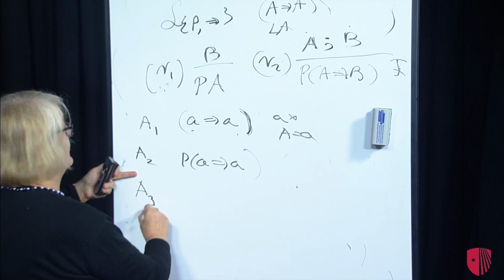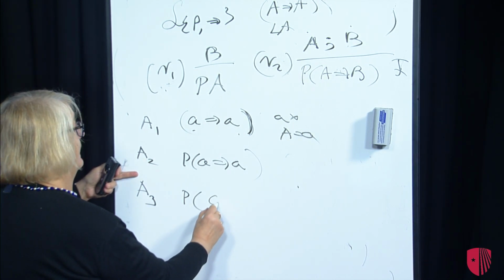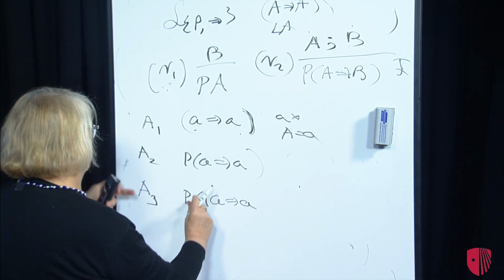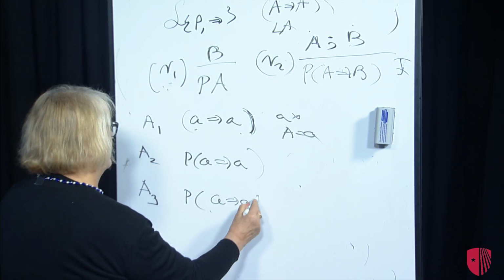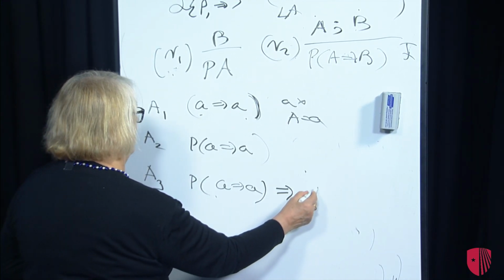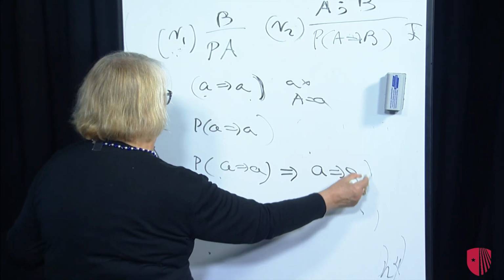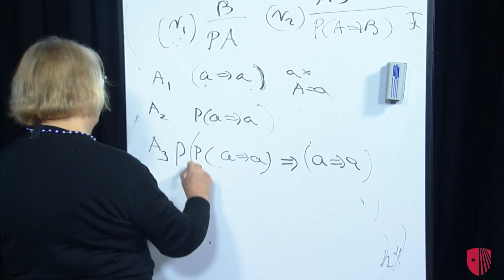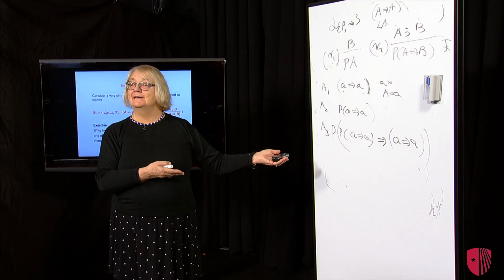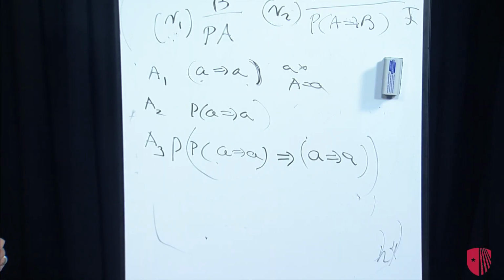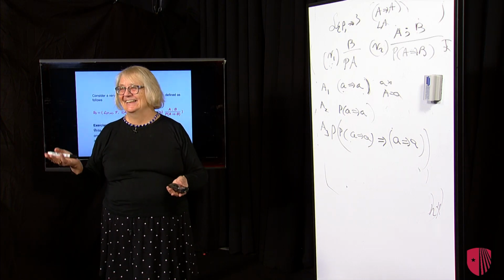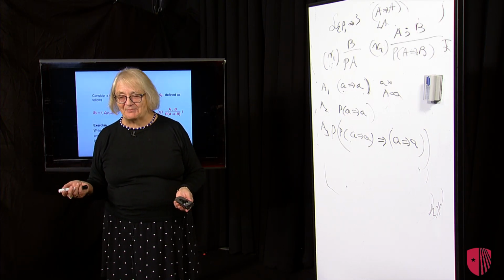So I write P, A implies A implies A implies A, and I write P in front. Question. Is it a correct step? Silence. Yes, it is a correct step.